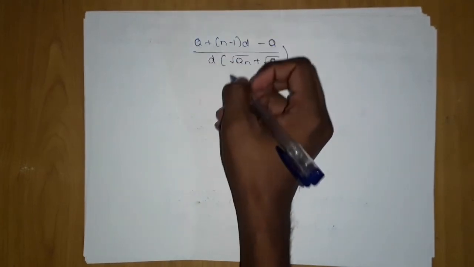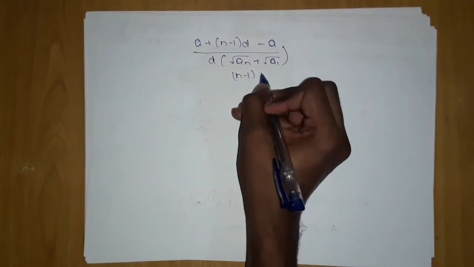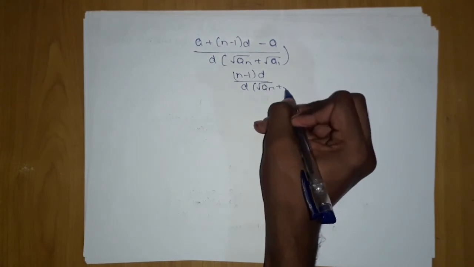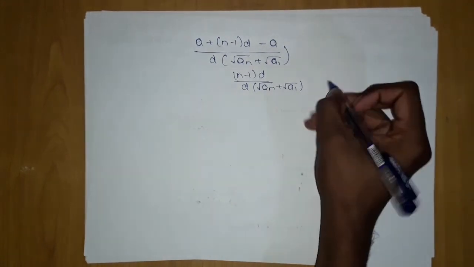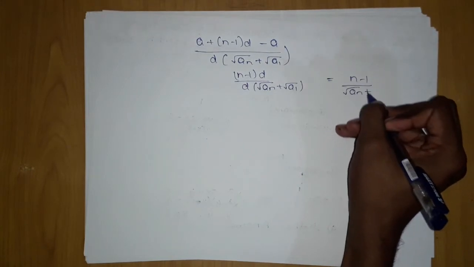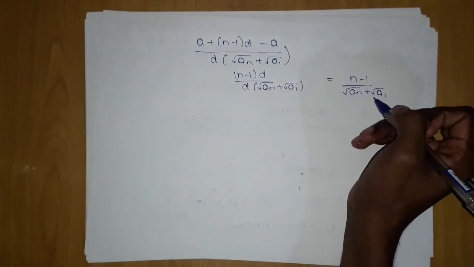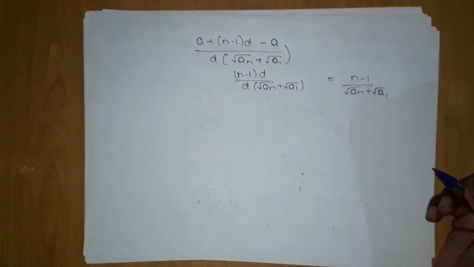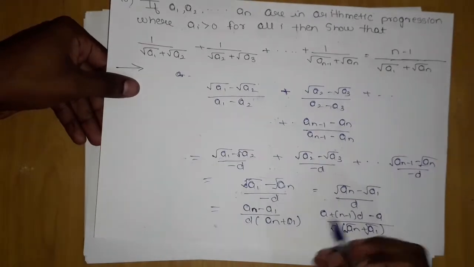Here a will cancel out, giving me n minus 1 into d, and d is the same down there, so d will cancel out, which gives me n minus 1 upon under root an plus under root a1. So we got the answer. Our main task was to prove this, and we have proved it like this.